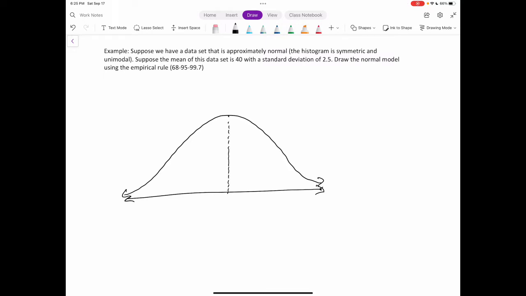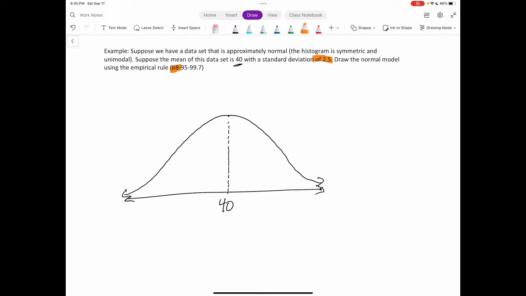Okay, what value is that? Remember, we say the center of a normal distribution is the mean. The mean of this data set is 40, so that value right down the middle, where the peak of that mound is, is going to be 40. Okay, so 68% of my data lies within 1 standard deviation, and the standard deviation is 2.5.